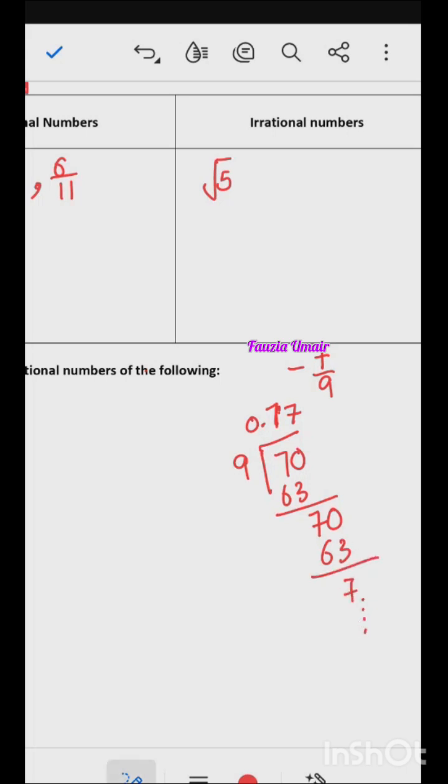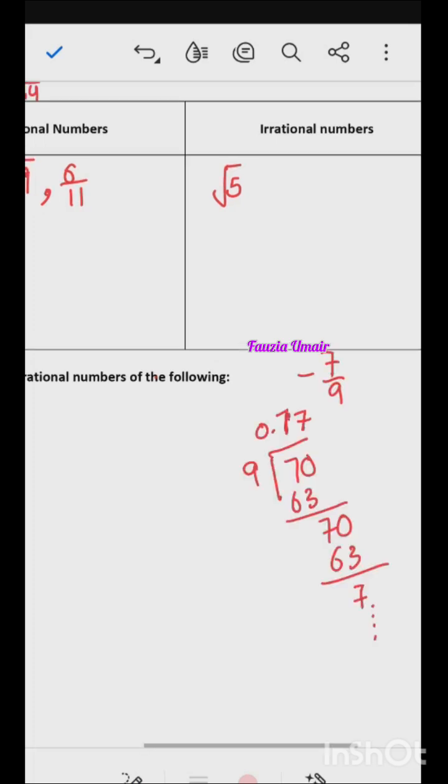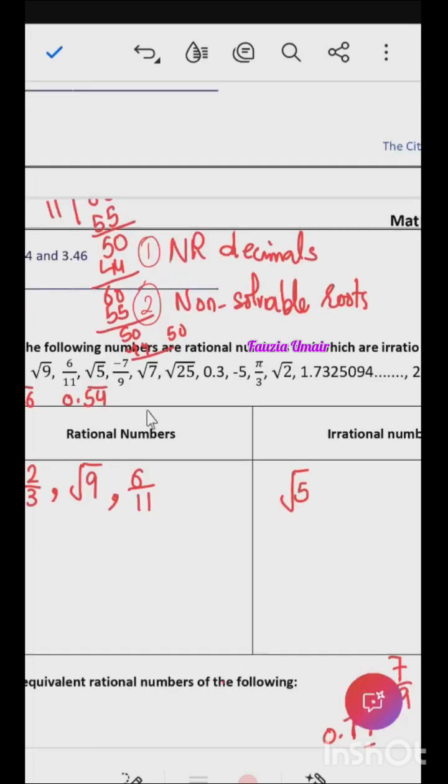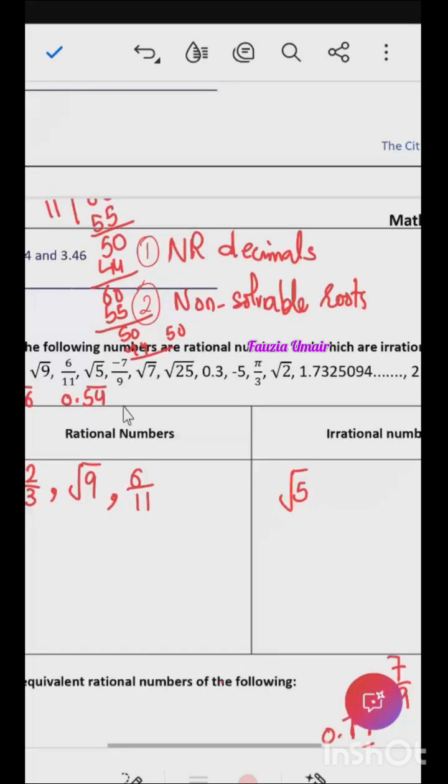It means it is 0.7 with a bar. So minus 7 by 9 is basically a recurring decimal. It is a rational decimal. Why is it rational? Because it's a recurring decimal.